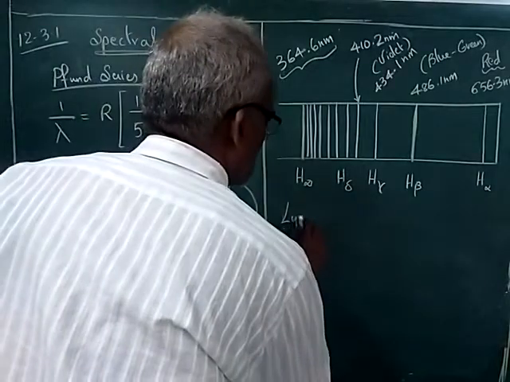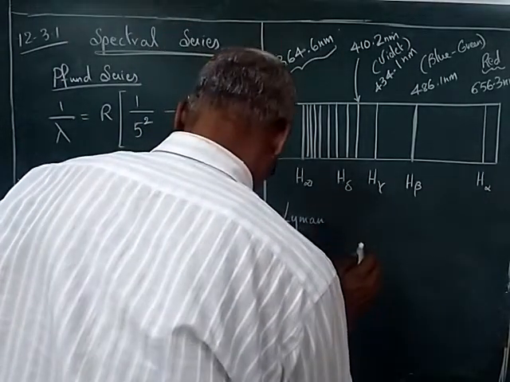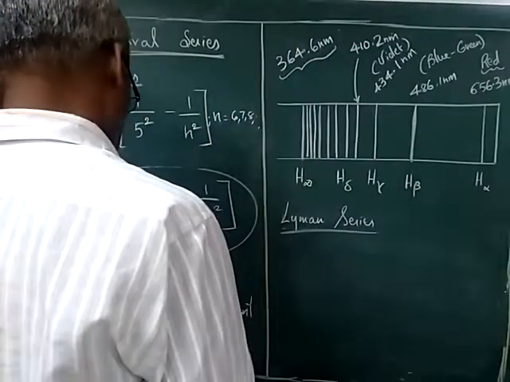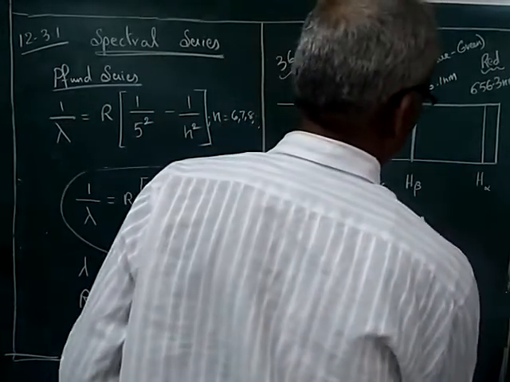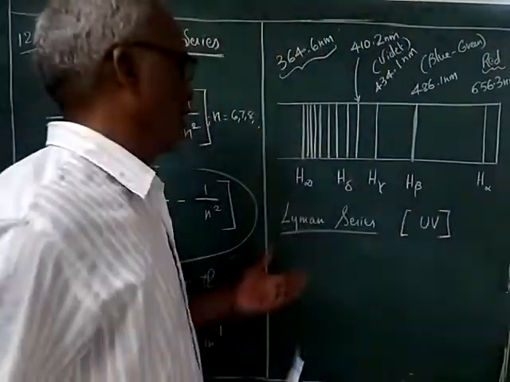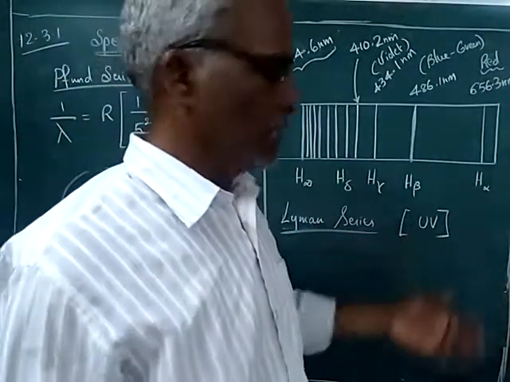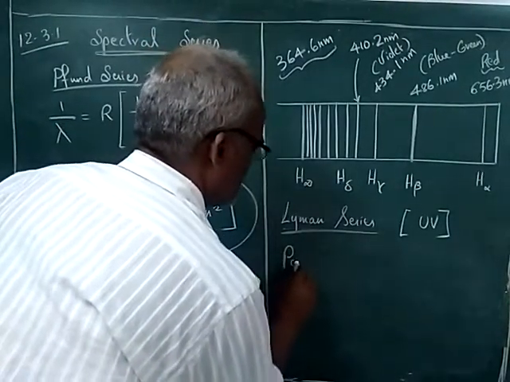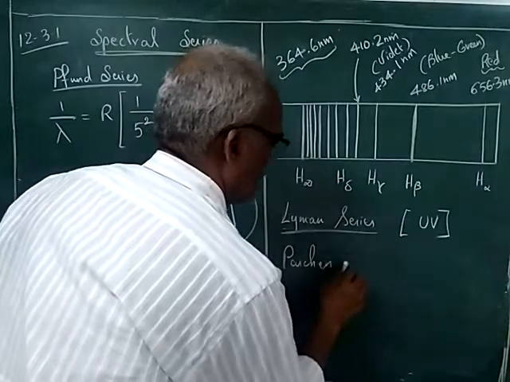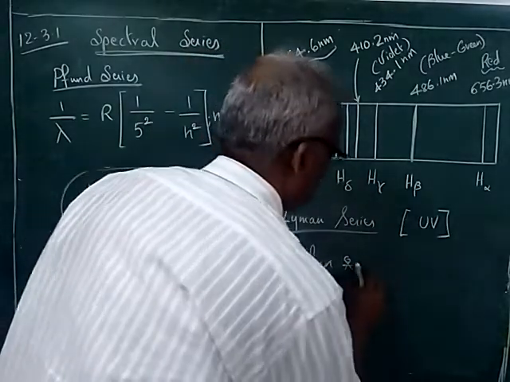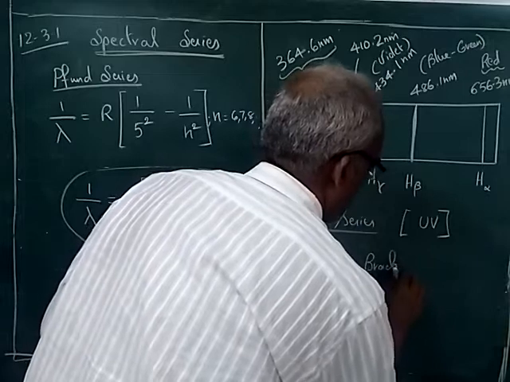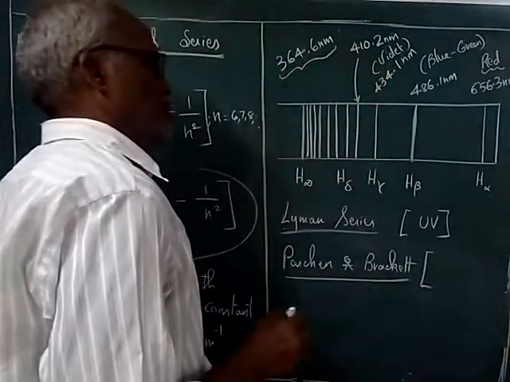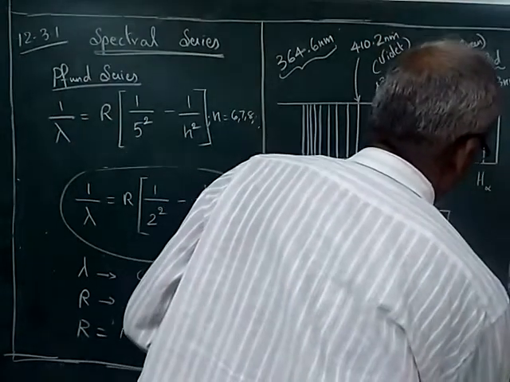The Lyman series works in the ultraviolet (UV) region, whereas the Paschen and Brackett series work with the infrared region.